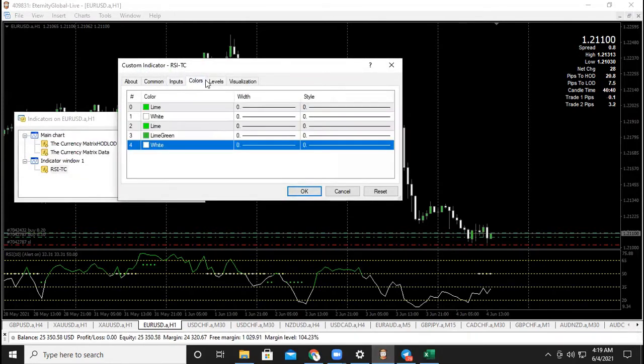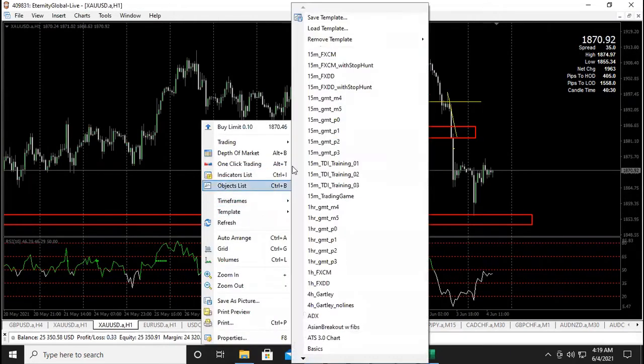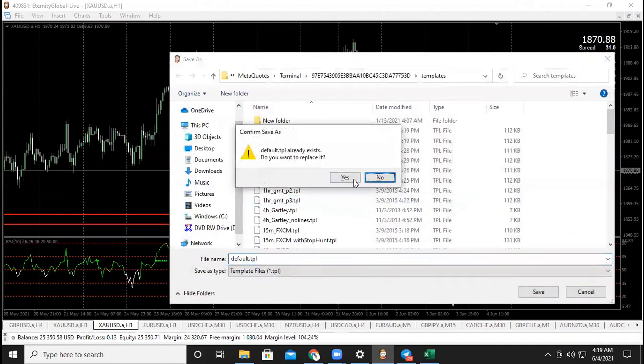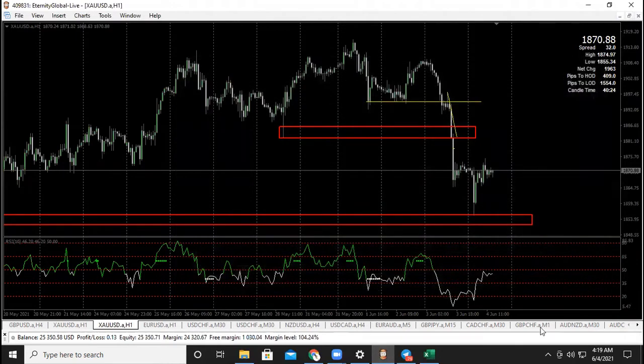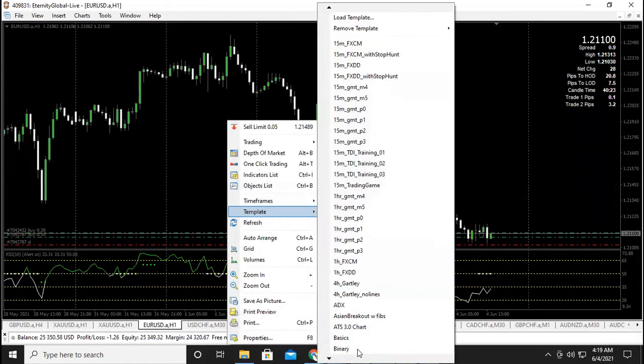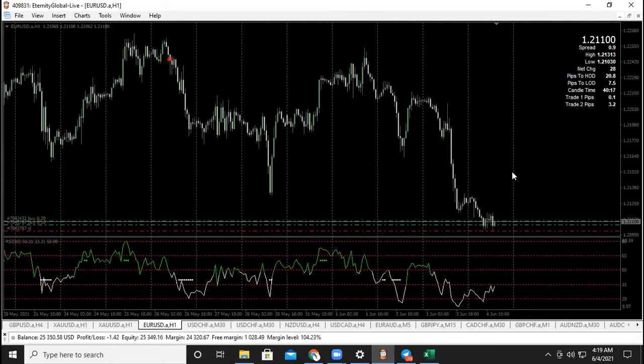Let me make a few more edits here, and then we'll be good to go. I'm actually just going to override this. There we go. So we have it here. All right, going back to the Euro USD, let's go ahead and get our act together. All right, so here is the Euro USD.